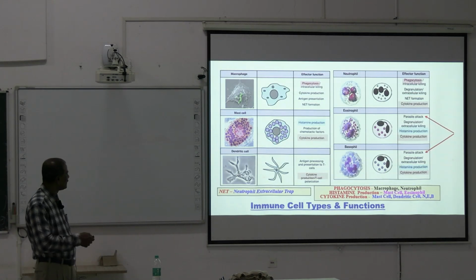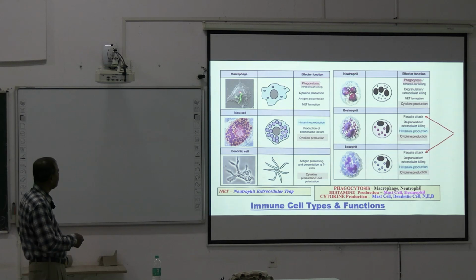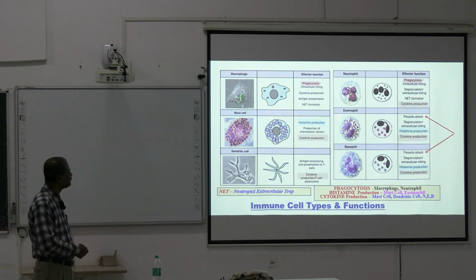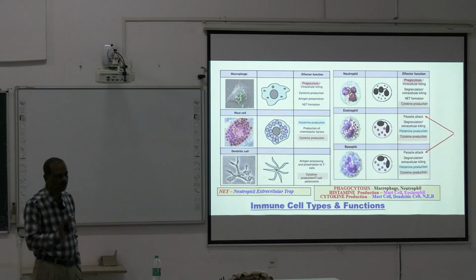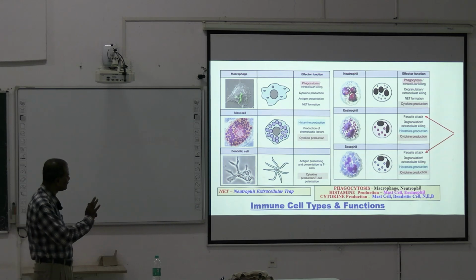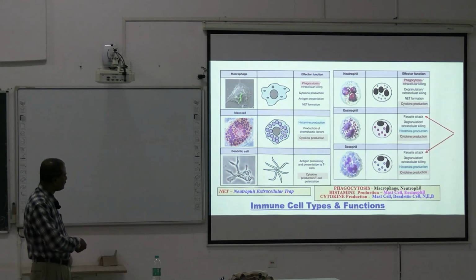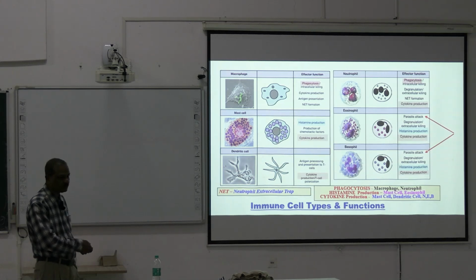Now, there are immune cell types, as I told you in the beginning: macrophage, mast cell, dendritic cell, neutrophil, eosinophil, basophil. Only note down a part of the function, not all. One is phagocytosis. You are not required to write down everything. Phagocytosis is basically by macrophage and neutrophil.